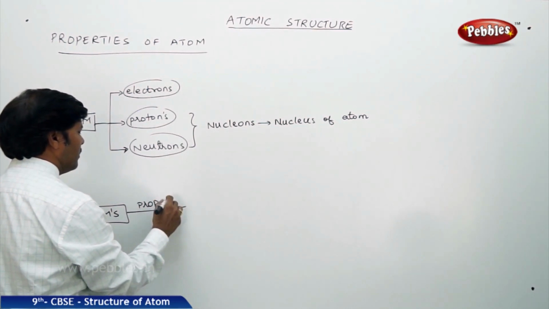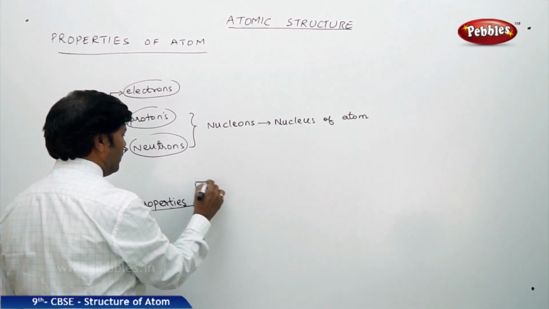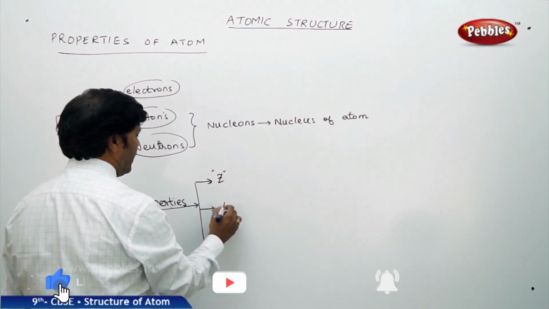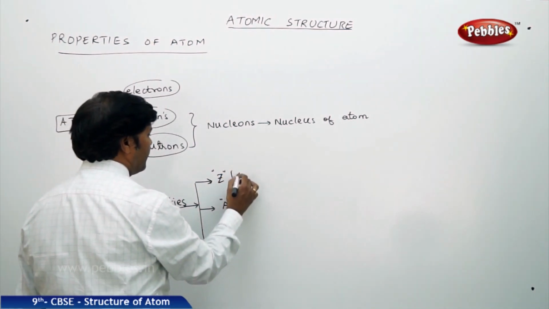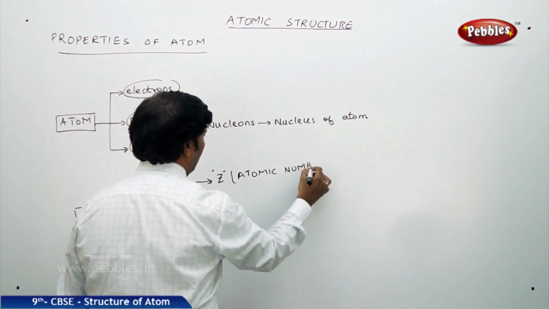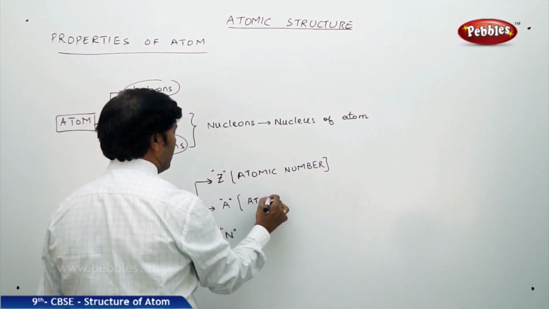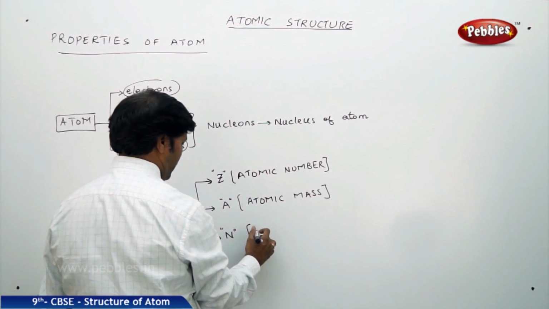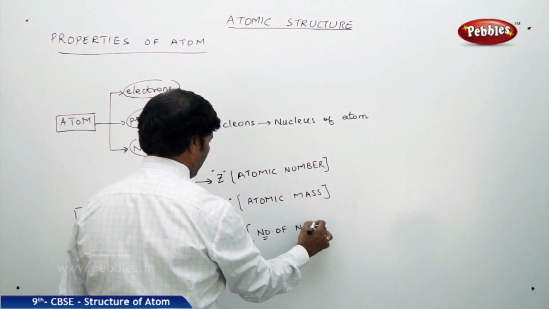Let us understand the properties of atom in terms of symbols Z, A and N. Here Z stands for atomic number of atom or element, A stands for atomic mass, and N stands for number of neutrons.